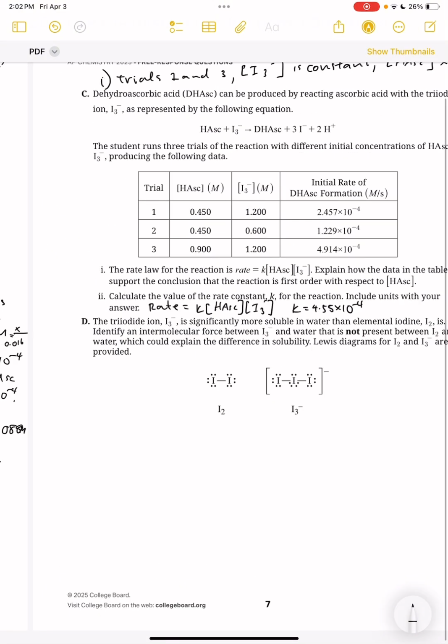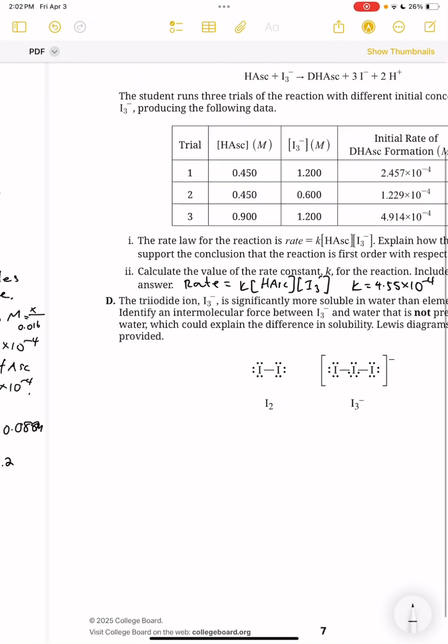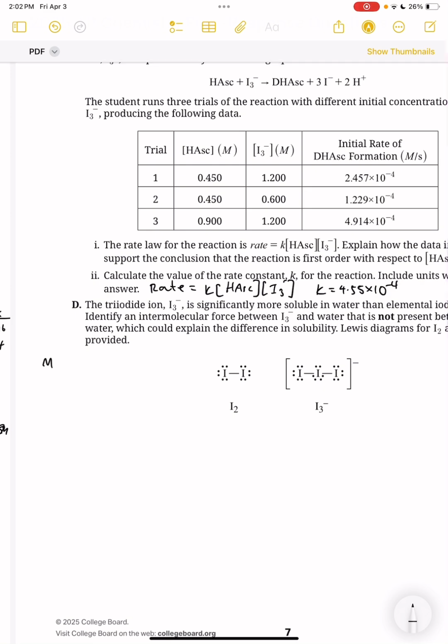And for your units, you're going to look at this. Since rate is in molarity per second, which is also moles per liter per second, and then these two are both measured in molarities, you can just look at this and realize that you need a mole on the bottom and you need a liter on the top.